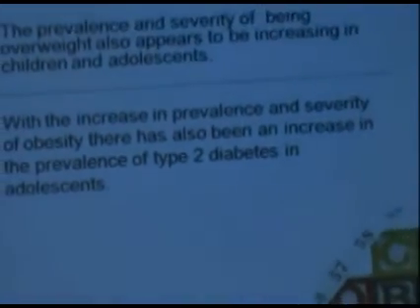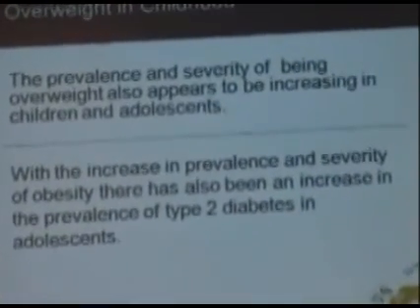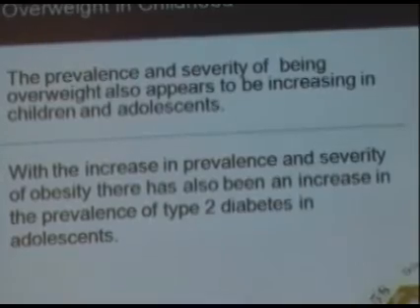Now, unfortunately, type 2 diabetes is a more and more common occurrence in adolescents, and it is almost exclusively a disease of obesity where the body becomes increasingly resistant to the action of insulin. Ultimately, that results in increased production of insulin and higher circulating levels of insulin. And over time, the beta cells in the pancreas, the insulin-producing cells, wear out and can no longer produce enough insulin, and type 2 diabetes occurs.